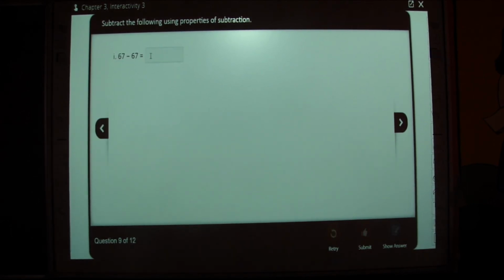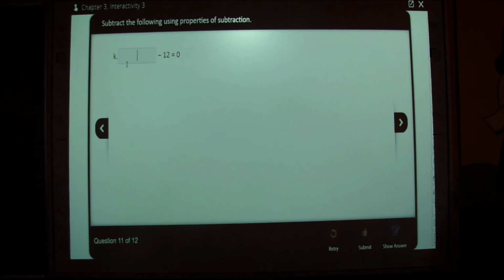67 minus 67 is itself, so it is 0. 98 minus 98, it's also itself. 98 minus 98 is equal to 0. Blank minus 12 is equal to 0.